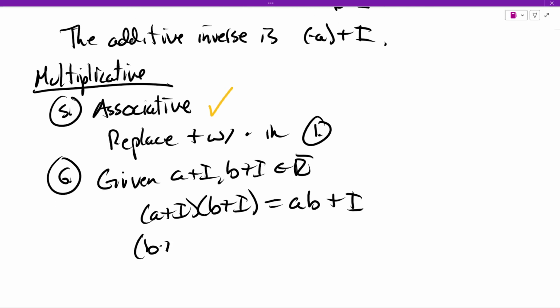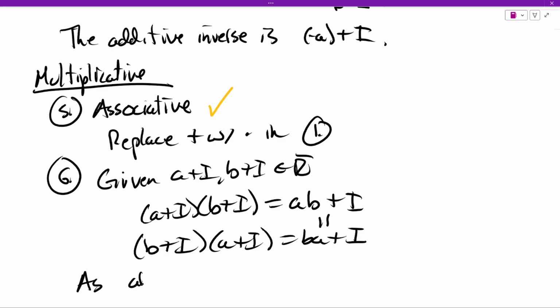And B plus I times A plus I is by definition BA plus I. But multiplication in R is commutative, so those are just equal because the coset representatives are equal. So we again get a commutative ring.